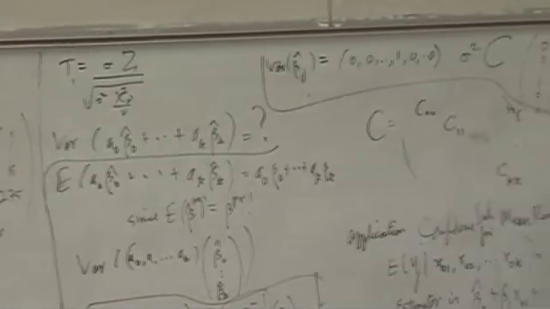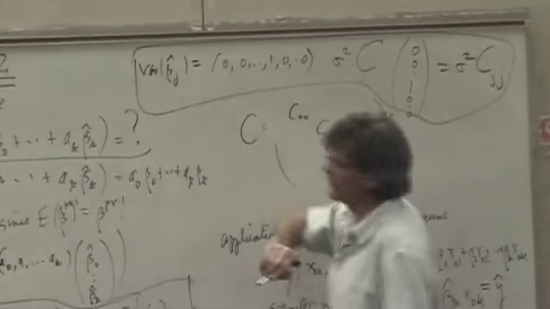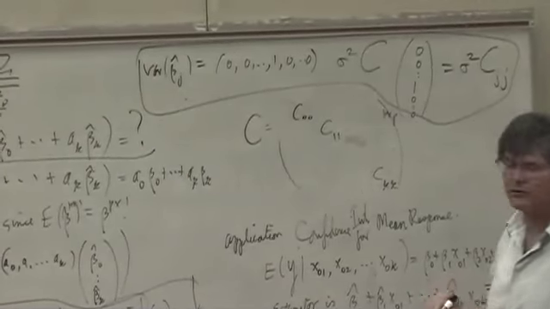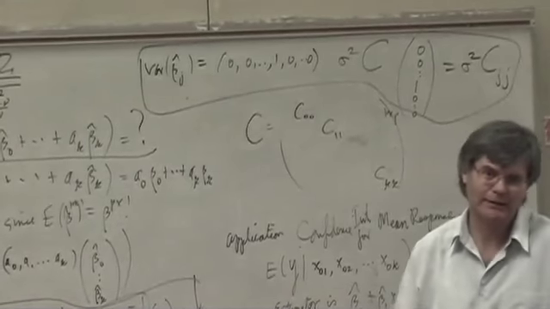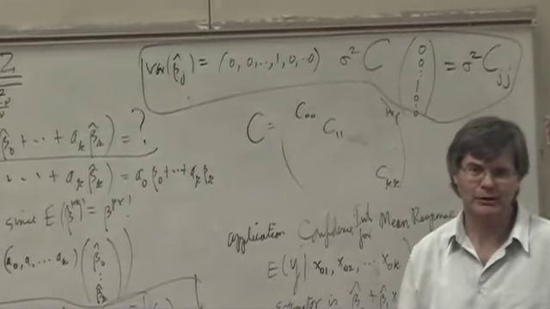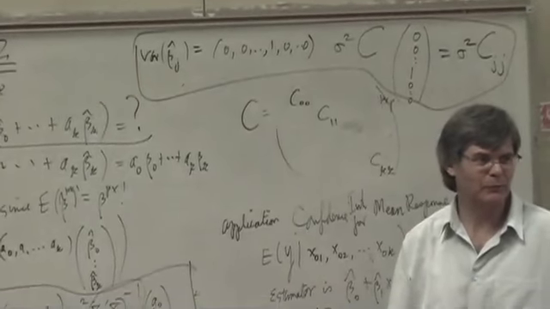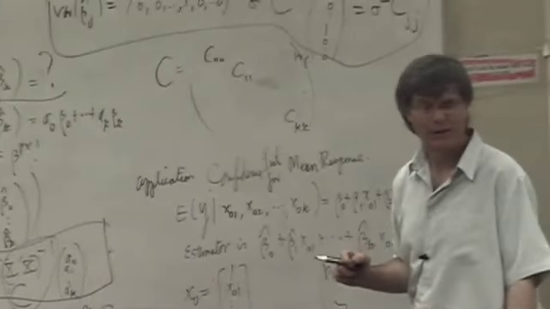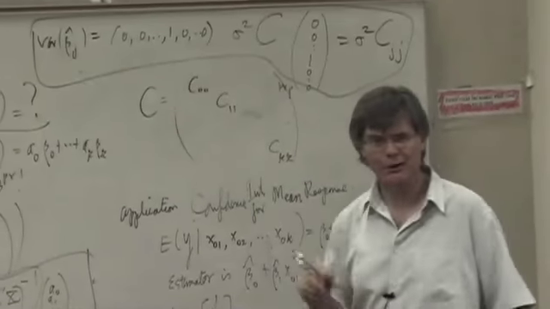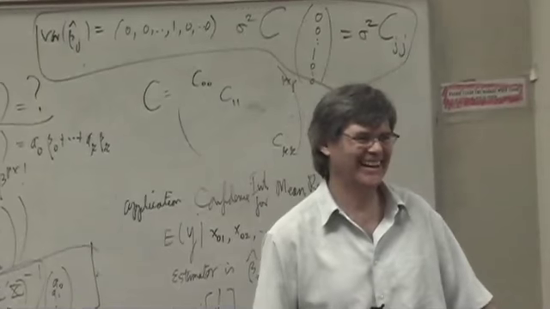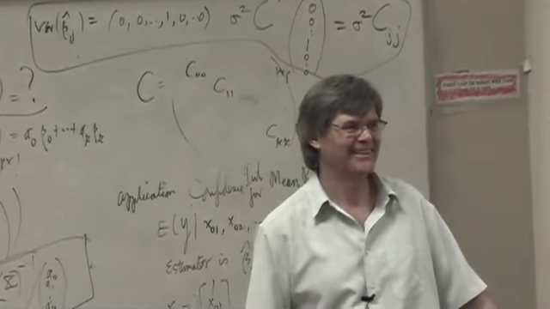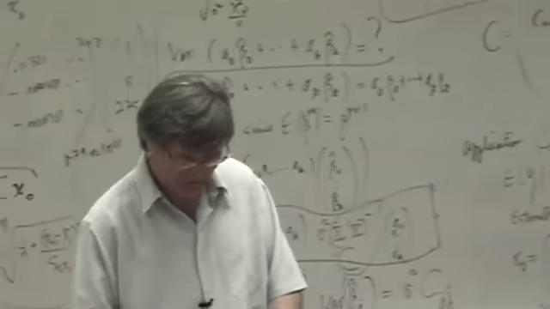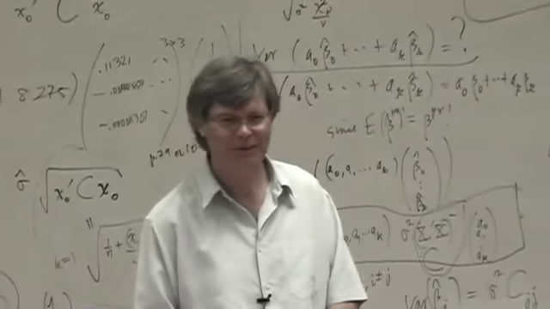So standard error means I take the variance, I take its square root, and then I replace the sigma by sigma hat. If I take the square root of this, I call that the standard deviation. If I take the square root and replace sigma by sigma hat, I call it the standard error. That's the meaning of that terminology. Now you're becoming statisticians. You know what standard error means.